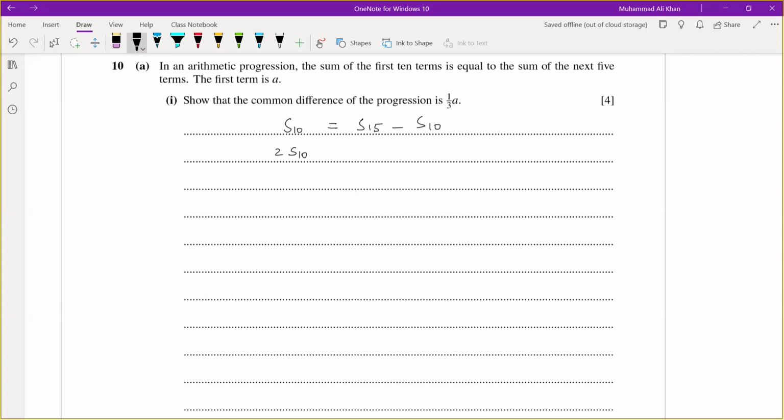2S10 equals S15. And now by using the formula of sum for arithmetic progression, n by 2, 2a plus n minus 1, common difference is d. Here the left hand side and the right hand side is n by 2, 2a plus n minus 1, and the common difference is d.